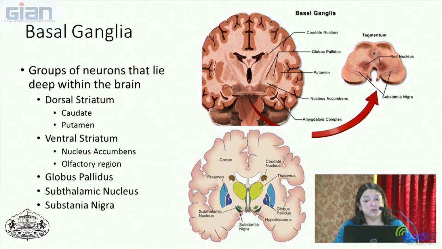So in the dorsal region of the basal ganglia, we also call this area the striatum. And it's part of the midbrain system. The dorsal striatum contains the caudate and the putamen, and you have a left and right of each of these. The ventral striatum contains the nucleus accumbens and part of those olfactory regions that we talked about.